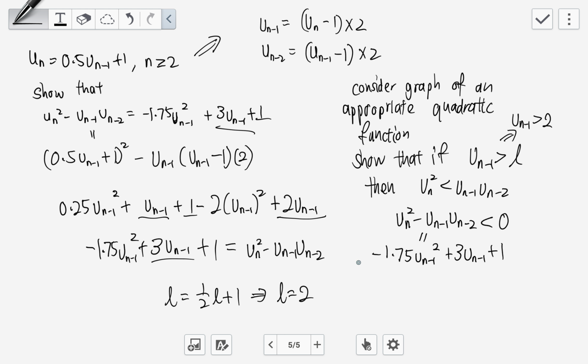Correct? We want to show this. So what graph could we draw to show this? We will draw the graph where our x-axis is u_n minus 1, and this is actually a quadratic equation.